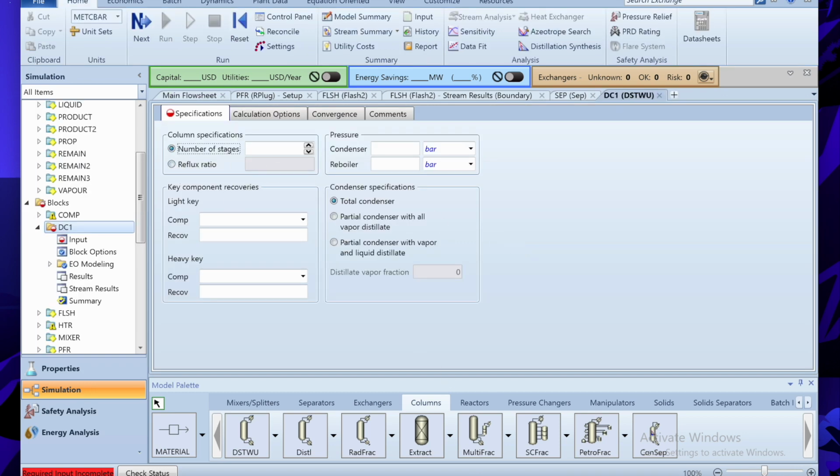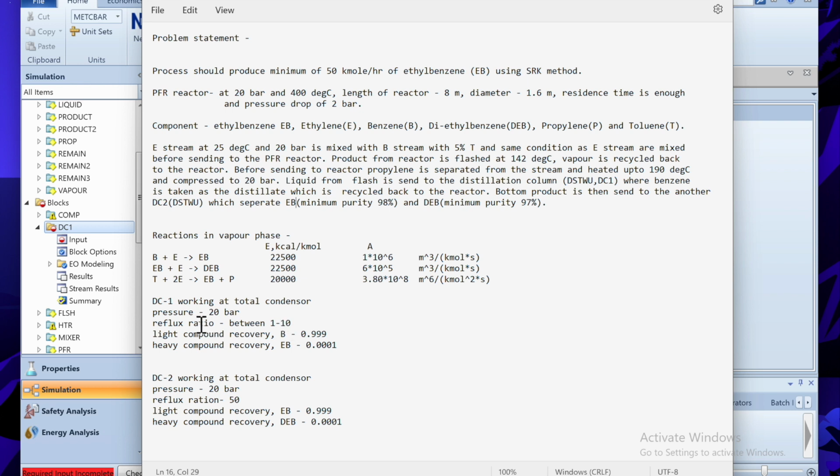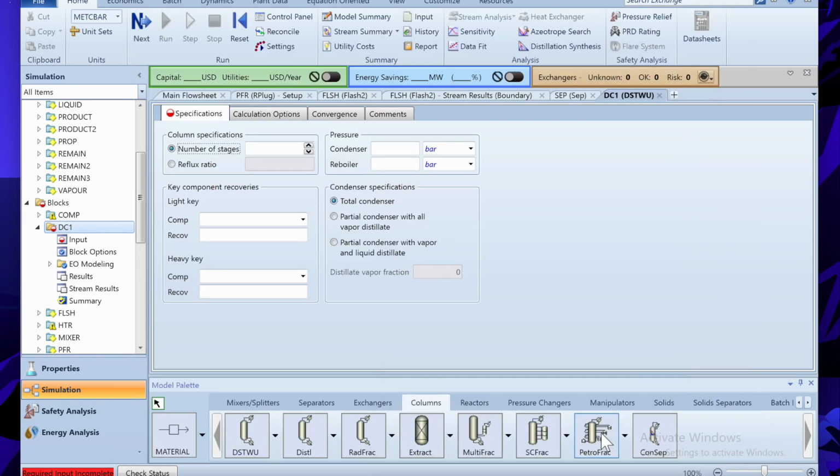So what is given? For DC1 your reflux ratio should be between 1 to 10. Your light component is benzene and the heavy is EB. Condenser is a total condenser, working at 20 bar pressure.